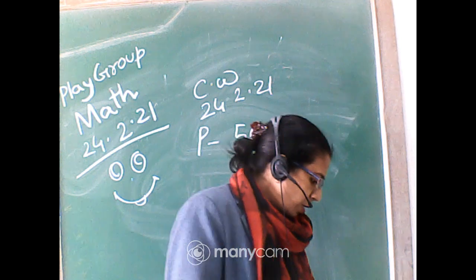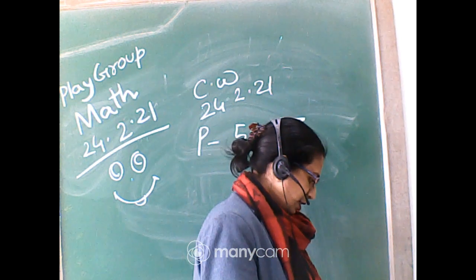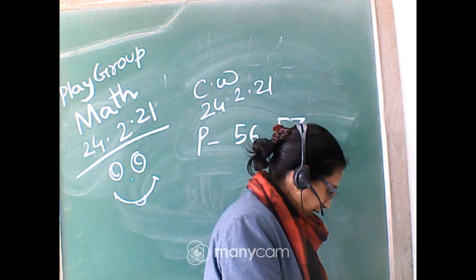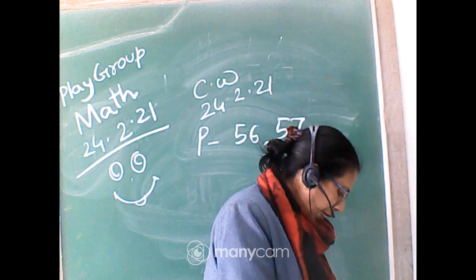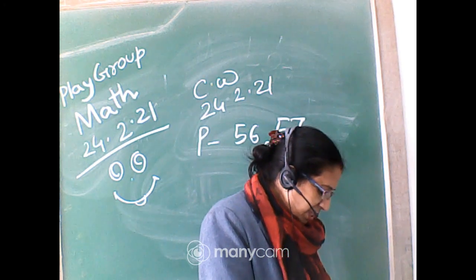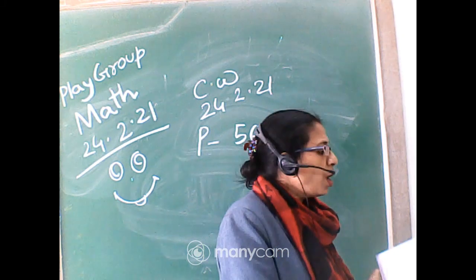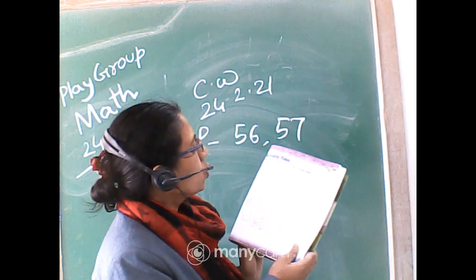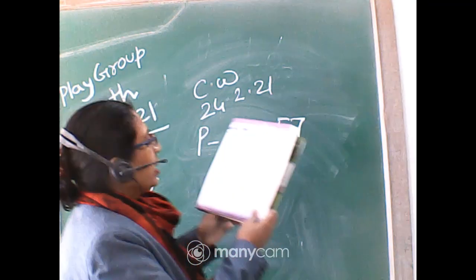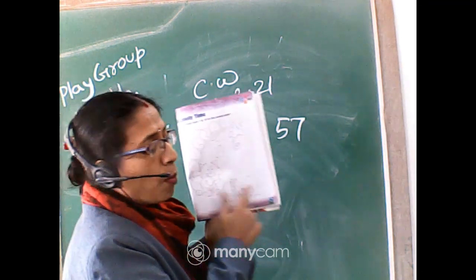Now, page number 67. It is homework. Activity time. Join the dots from 1 to 10 in correct order. It is homework for you.